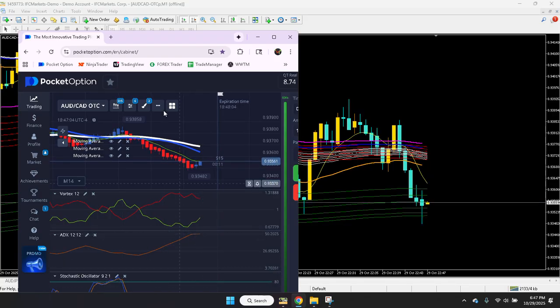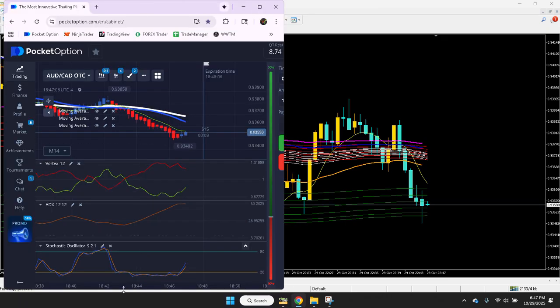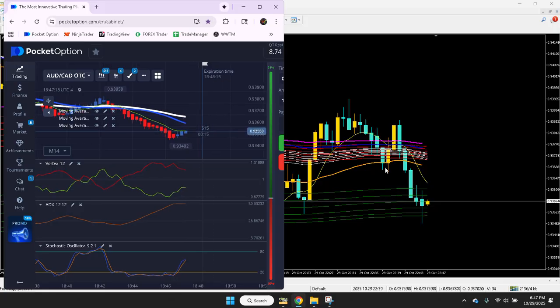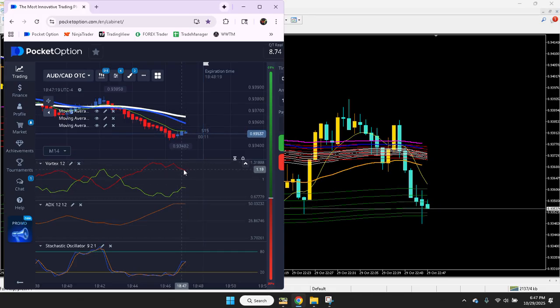And then the Stochastic is pointing for up, and we're two in on this one. But you can see how we're closing in here, so this might just be a small pullback.